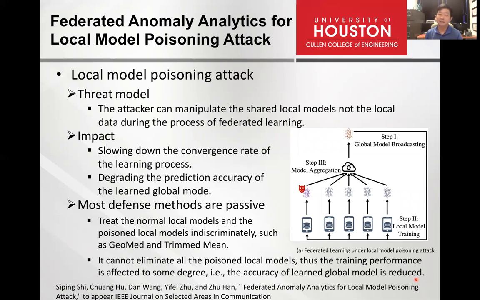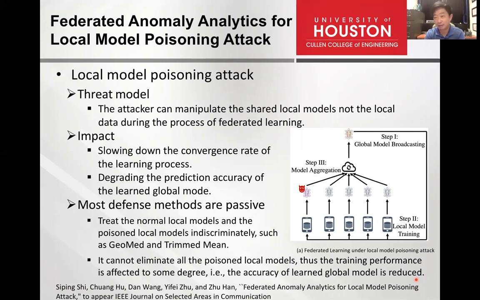Within half a day, this Microsoft machine learning girl had been trained to only speak dirty words or something like that. They had to unplug it. So this is a kind of local model poisoning attack, and the impact is to slow down the convergence rate of the learning process and degrade the prediction accuracy of the learning model. Obviously, somebody gives you the wrong advice.